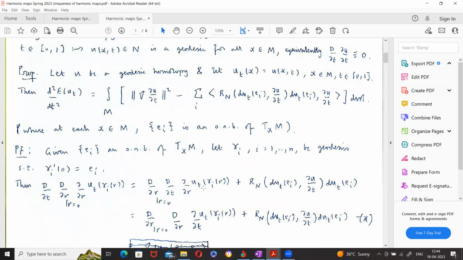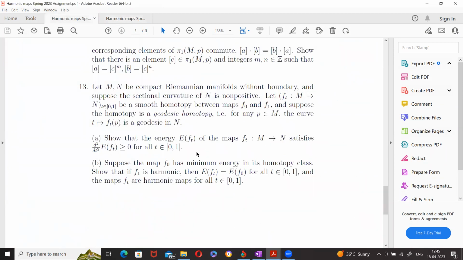Okay, so here's the proof. You can have a look. So that gives you the first part of the problem. You're assuming the sectional curvature of N is non-positive, so that the energy is a convex function along the geodesic homotopy. Now suppose that F0 has minimum energy in its homotopy class. Then you have to show if F1 is harmonic, then the energy is actually constant.